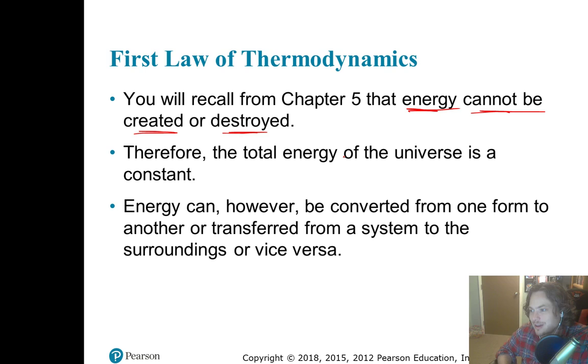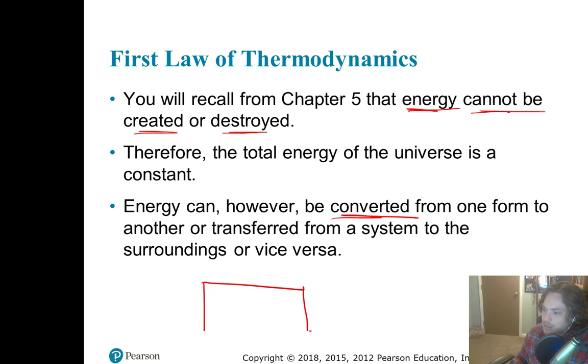All right. But anyway, so energy cannot be created or destroyed, but it can be converted from one thing to another. And then it can also be converted from the system to the surroundings, surroundings to the system, etc. Remember, we talked a lot about this when we were talking about thermochemistry.